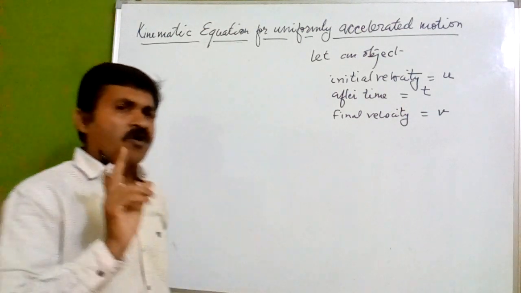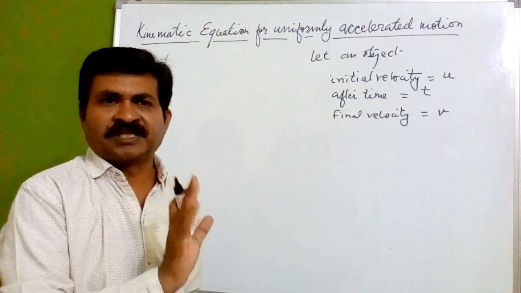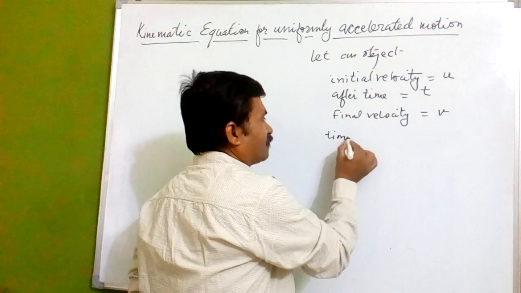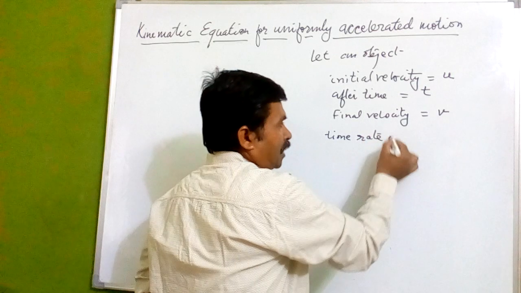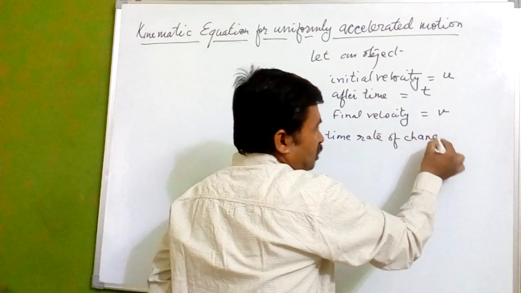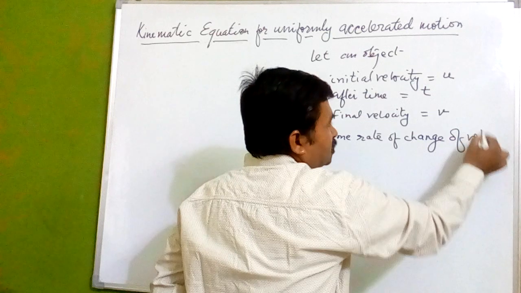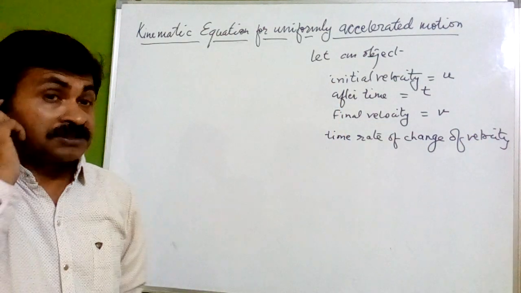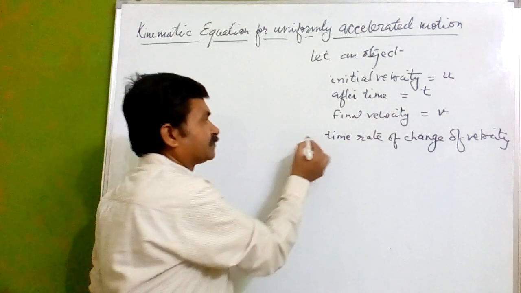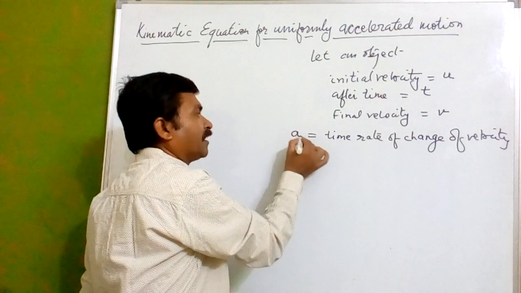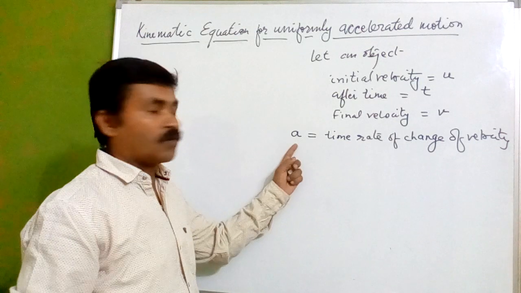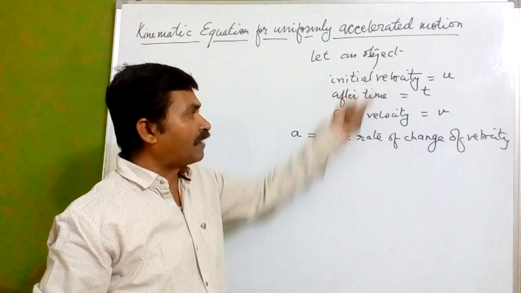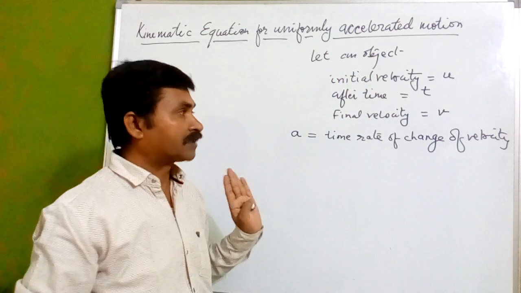Now simply, if we go with the definition of acceleration, we know that the time rate of change of velocity is acceleration, and we are representing it by a. Acceleration is a vector quantity, and we know velocity is also a vector quantity.